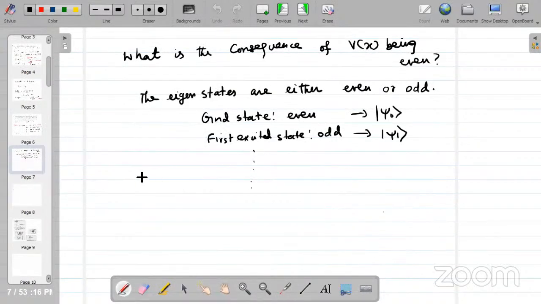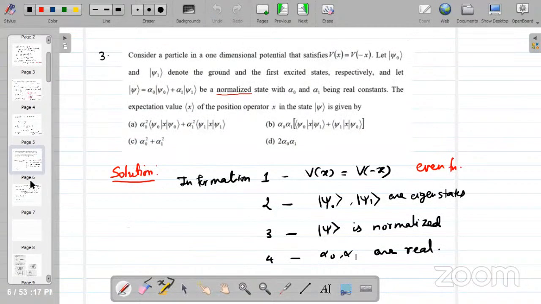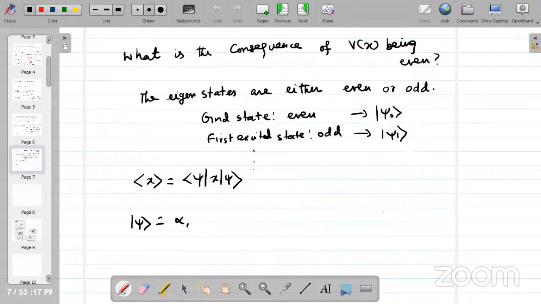Now let us come to our question. The expectation value of x is bra psi x ket psi. Please write here. Ket psi is already given: alpha naught psi naught plus alpha 1 psi 1.